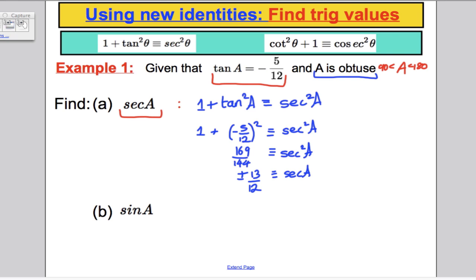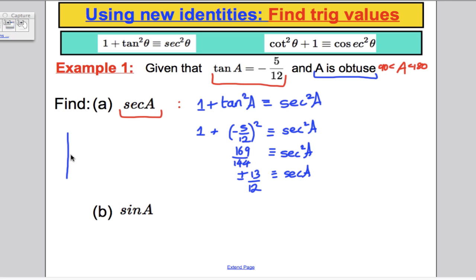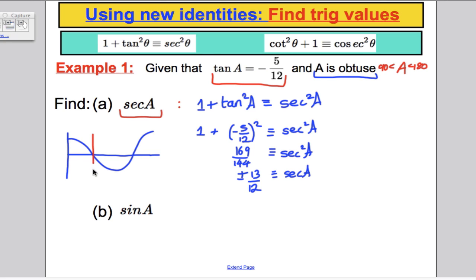So the way to do this: sec A comes from the cos A graph, so I always draw out cos A. Cos A looks something like this. And we know that A is obtuse, so it's between 90 and 180. So the angle we're looking for is somewhere along this particular region here. Now that makes cos negative between 90 and 180.